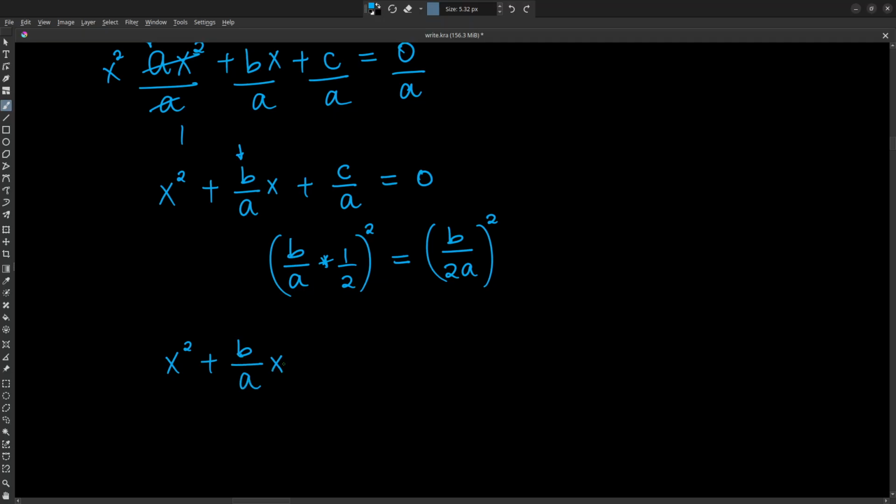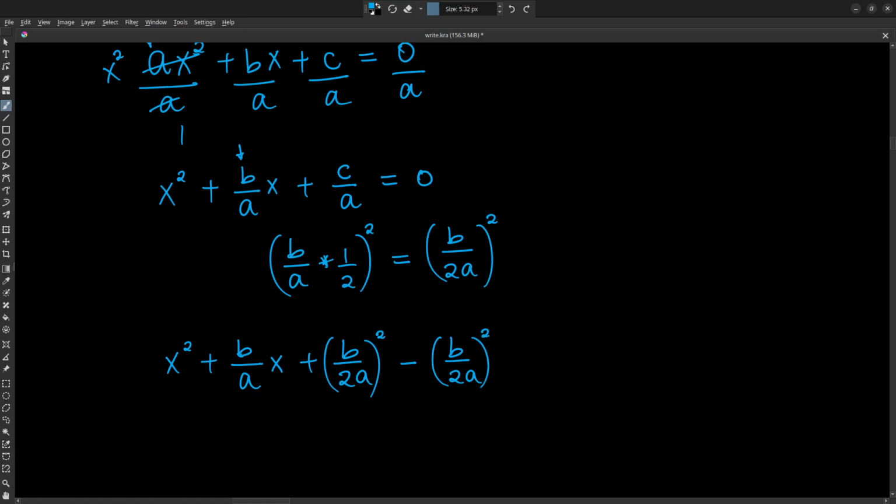Now, before the c out of a term, let's add and subtract this term. So plus b out of 2a squared, and we have added it, so time to subtract: minus b out of 2a squared.